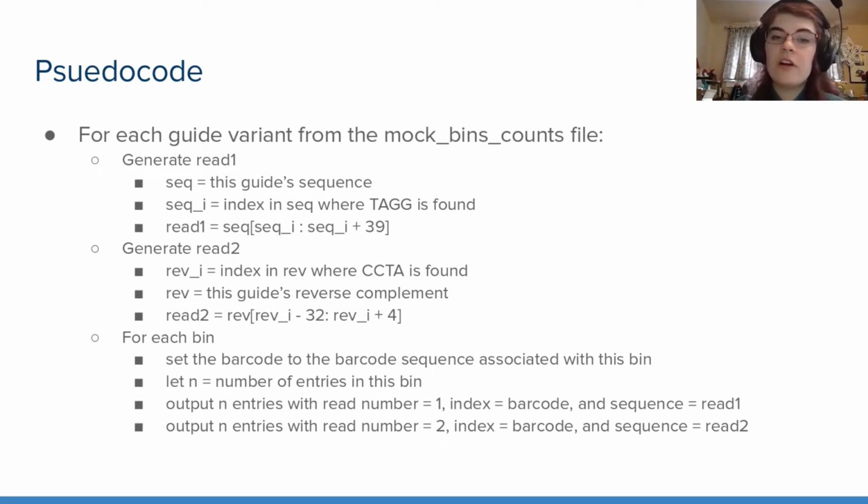And if there are n entries in that bin, then we will output n entries with read 1 and n entries with read 2.